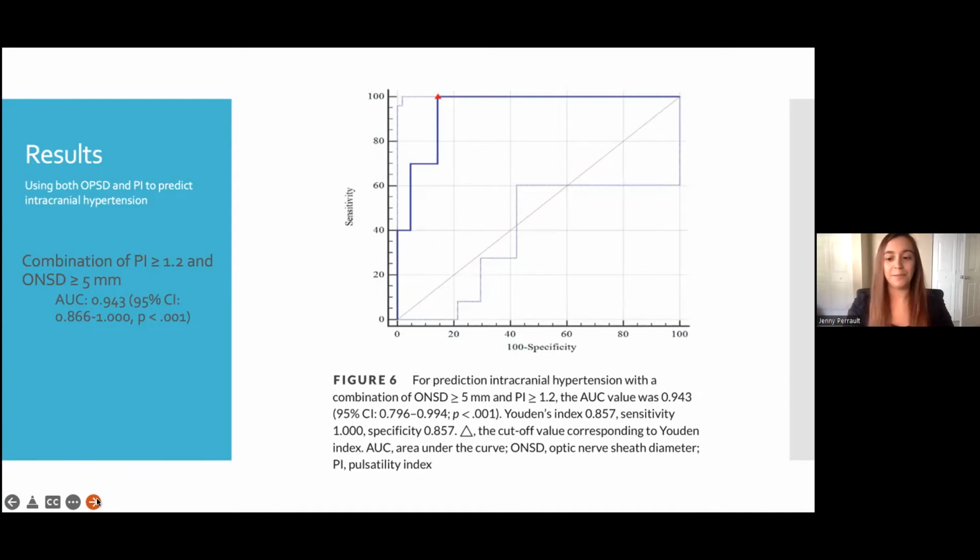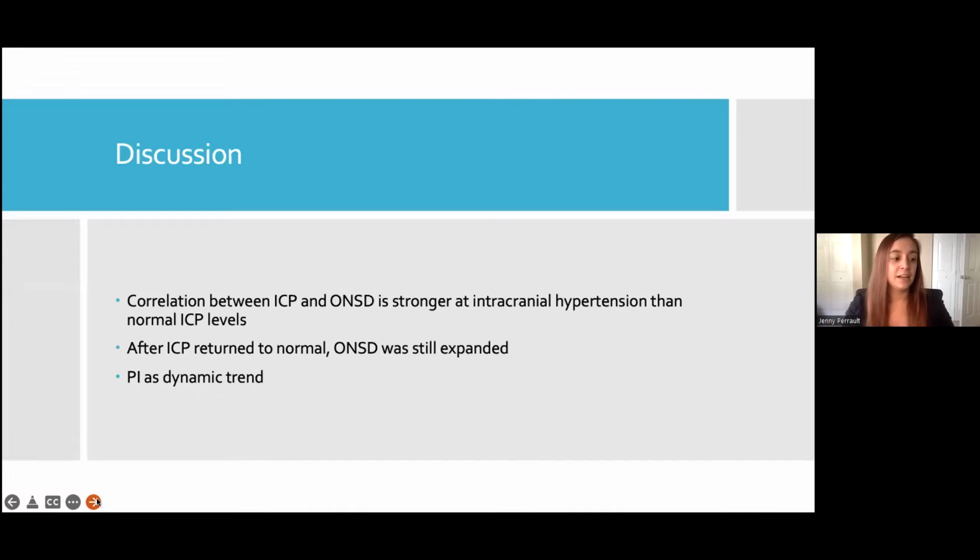So what does it all mean? When ICP decreases, ONSD is not as accurate, since the correlation between the two is stronger at ICP levels greater than 20. The correlation between ICP and ONSD is stronger at intracranial hypertension than at normal ICP levels.